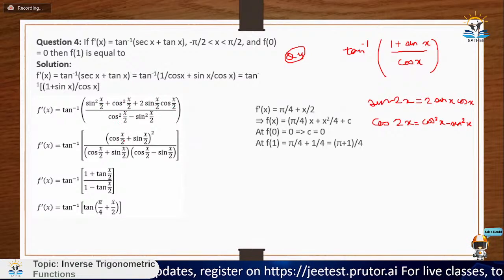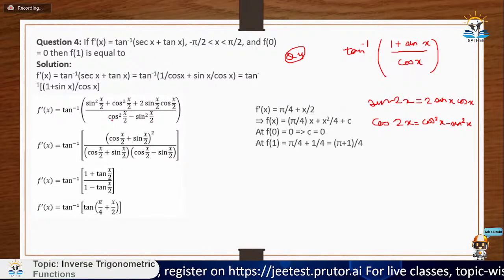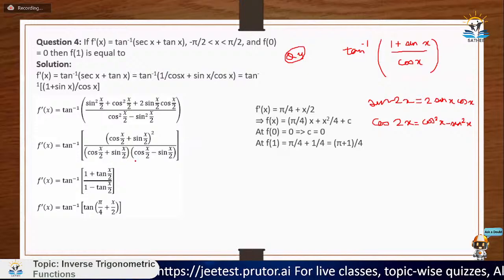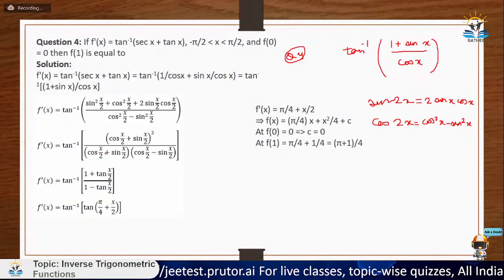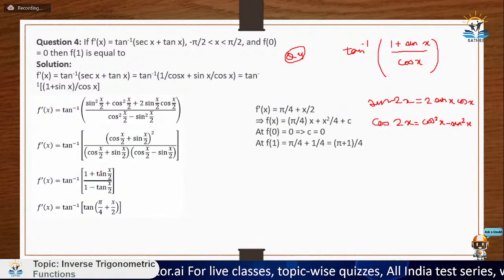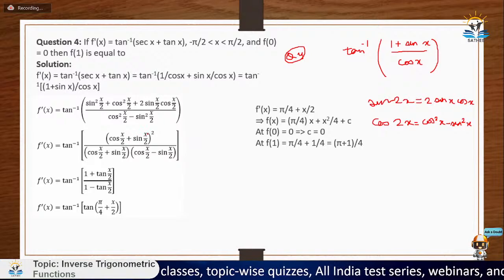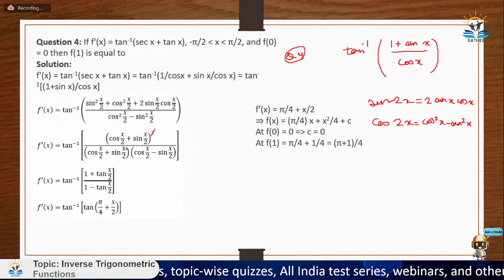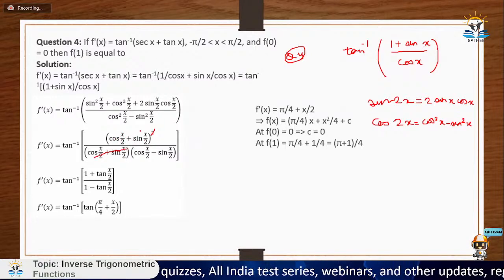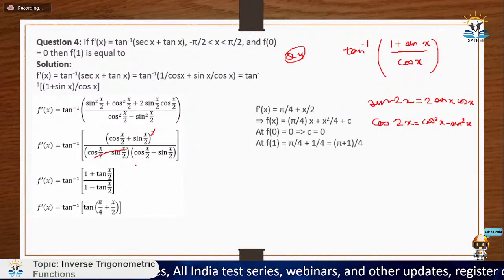So it would be cos x by 2 plus sin x by 2 whole square. And the denominator is a square minus b square, so it would be a plus b and a minus b. One factor, cos x by 2 plus sin x by 2, will cancel, and you will be left with 1 plus tan x by 2 upon 1 minus tan x by 2. We have just cancelled one factor and divided the whole expression by cos x by 2.